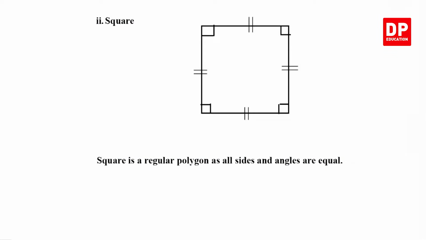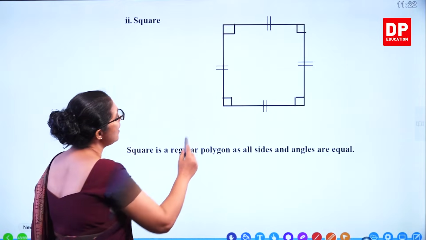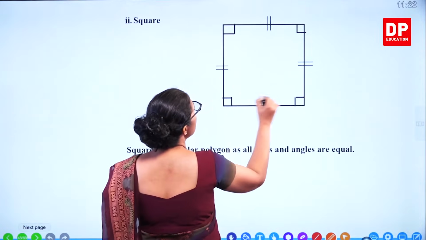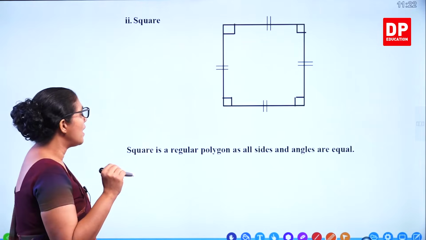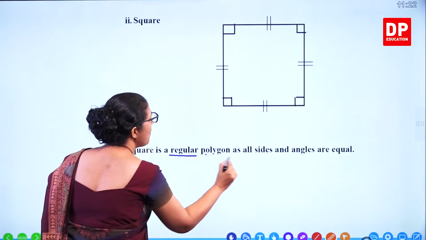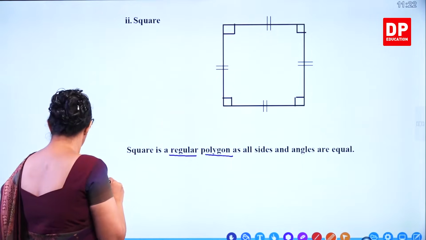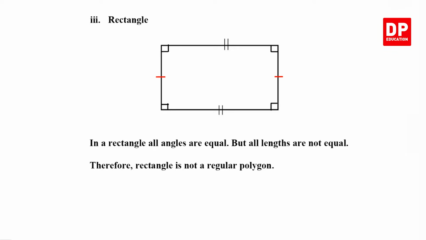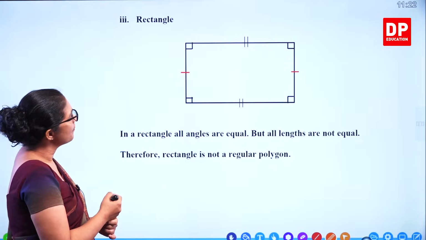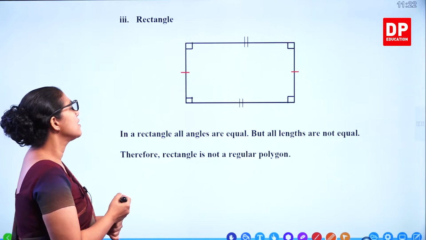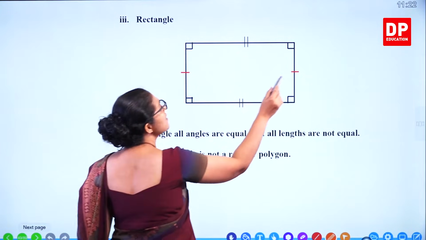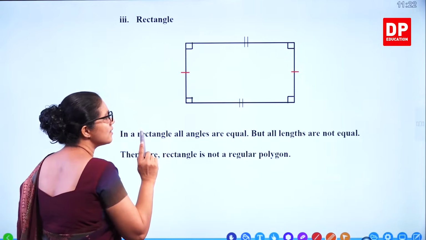A square, what can you say about a square? All lengths and all angles are equal. So a square is also a regular polygon. Rectangle, what can you say? Angles are equal, each 90 degrees, but can you see all sides are not equal?